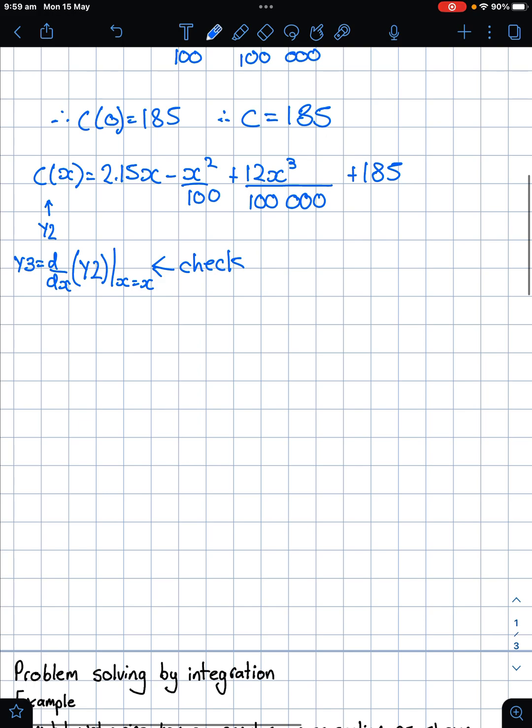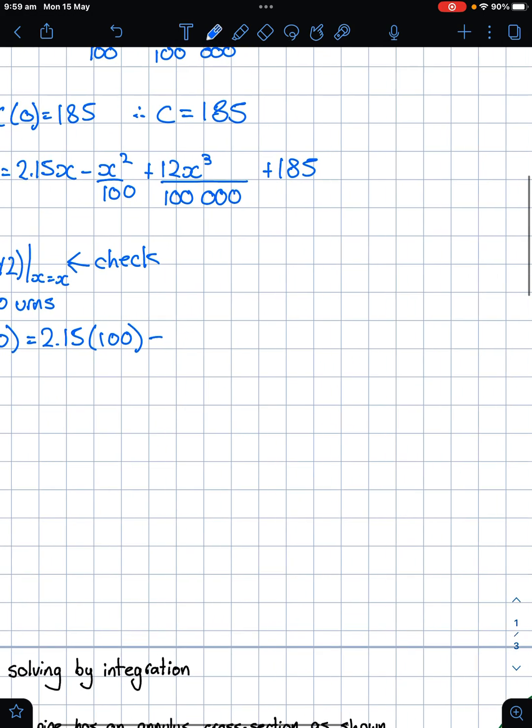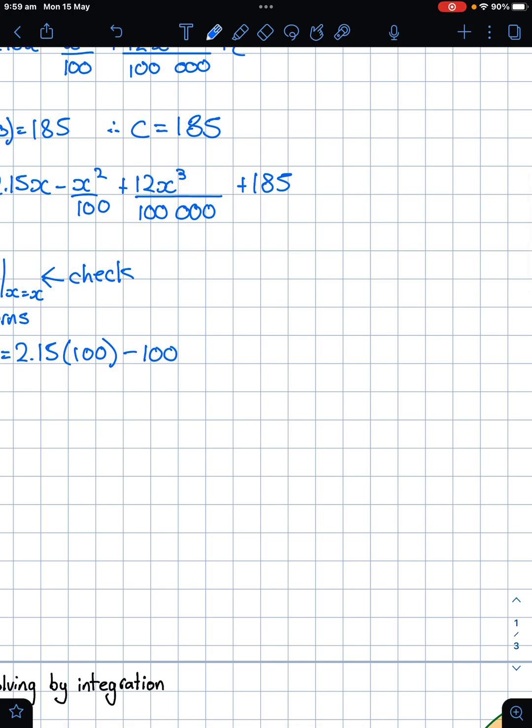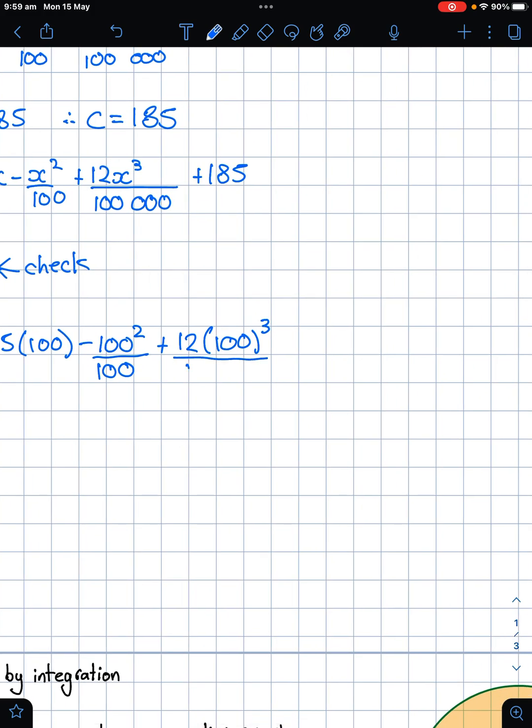So that's good. Now I just put my values in. So now we've got to calculate C of 100, which equals 2.15 times 100 minus 100 squared over 100 plus 12 times 100 cubed over 100,000 plus 185.